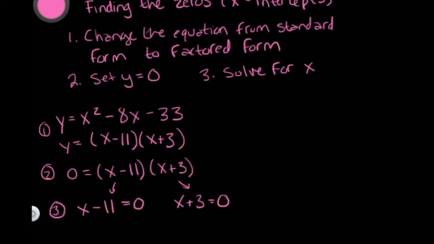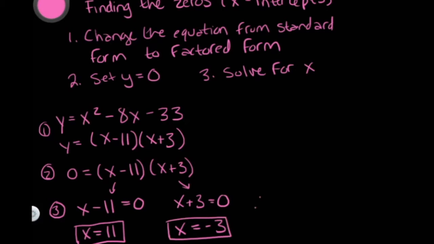So what do I get here? I want to isolate for my x's. So x equals, if I have a negative 11 here and I move it to the other side, it becomes a positive 11, right? So x equals 11. Over here, if I move my positive 3 to the other side, it becomes a negative 3. So that means my zeros are 11 and negative 3.